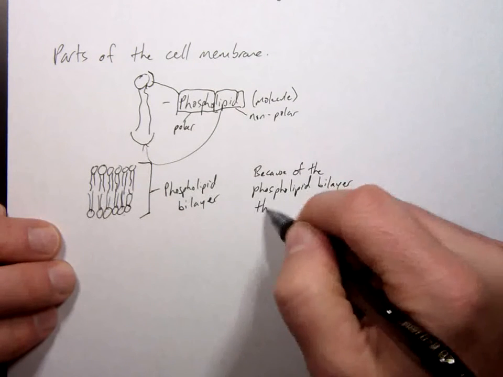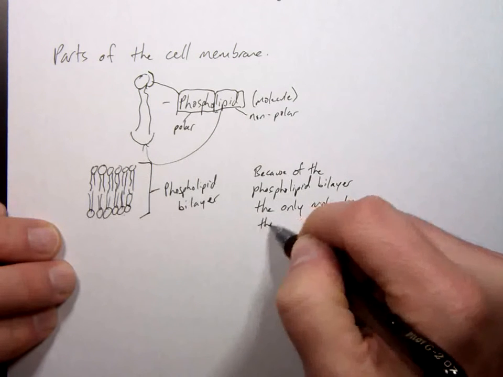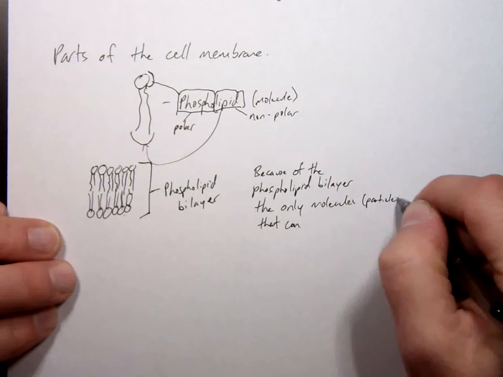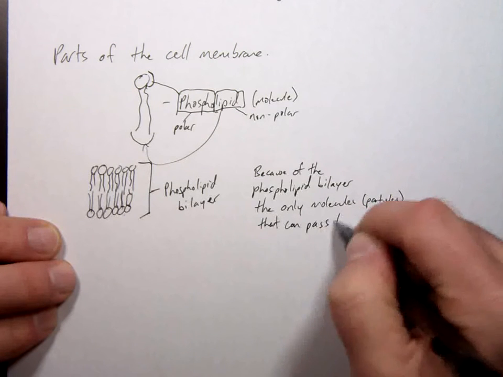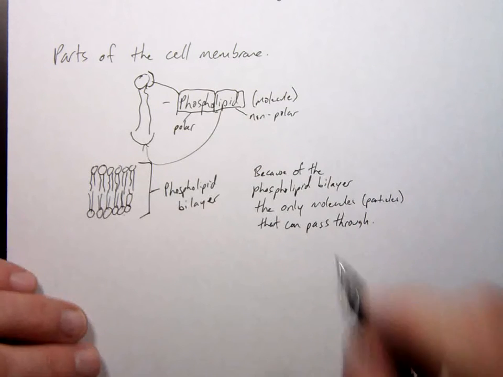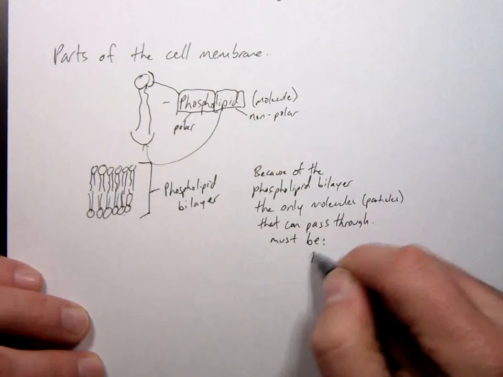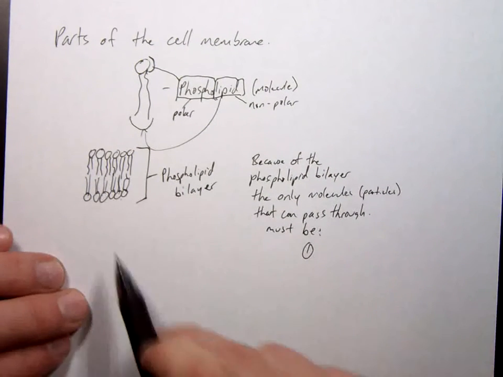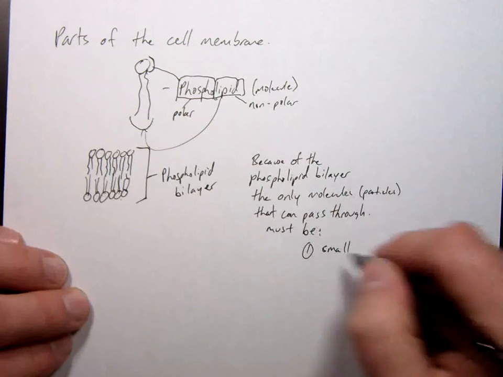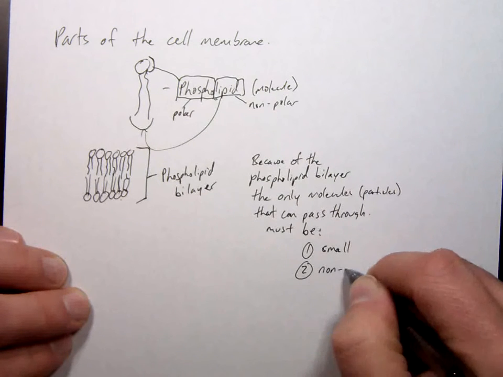The only particles, because some things aren't molecules, that can pass through without being gated in or out, must meet two requirements. Number one, if it wants to pass through the phospholipids, it must be small. Really, really small. The other thing is it has to be non-polar.